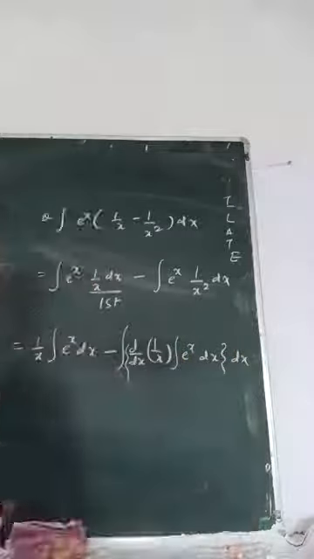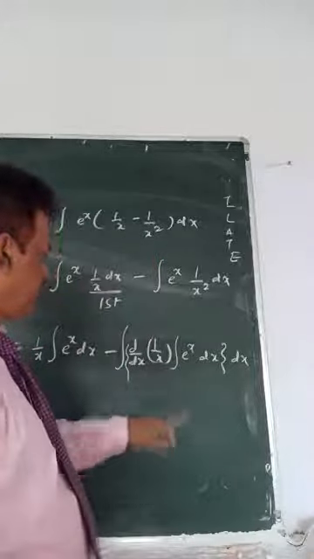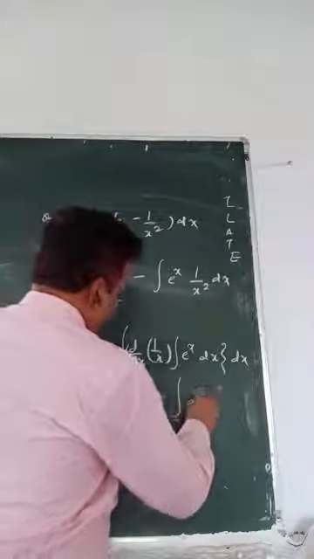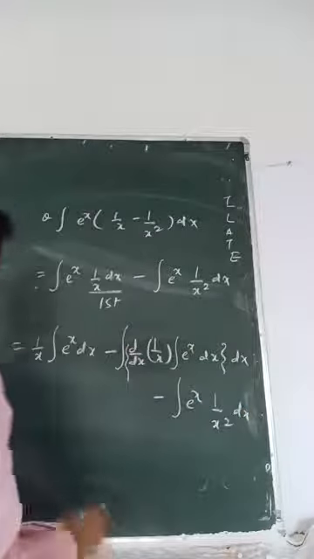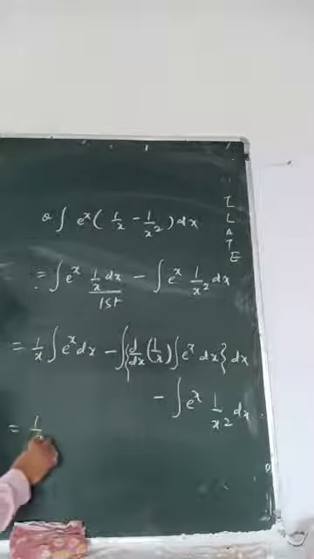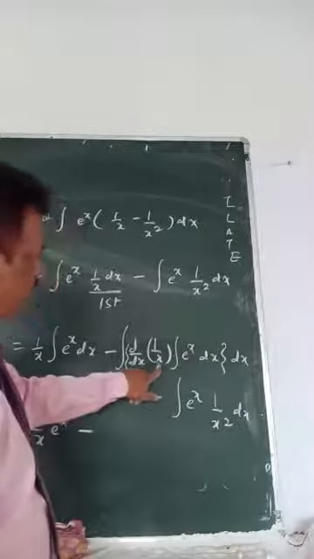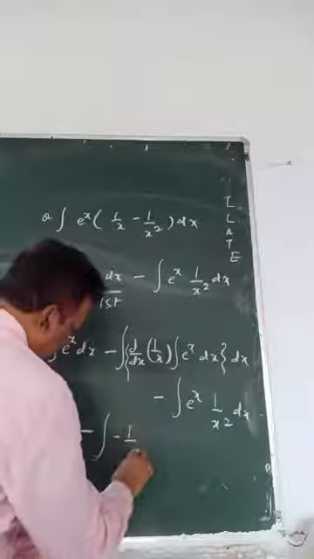Okay, but there is a problem here. This will remain same: e to the power x 1 by x square dx. So it is 1 by x e to the power x. What is its derivative? I told you the derivative of 1 by x is minus 1 by x square.